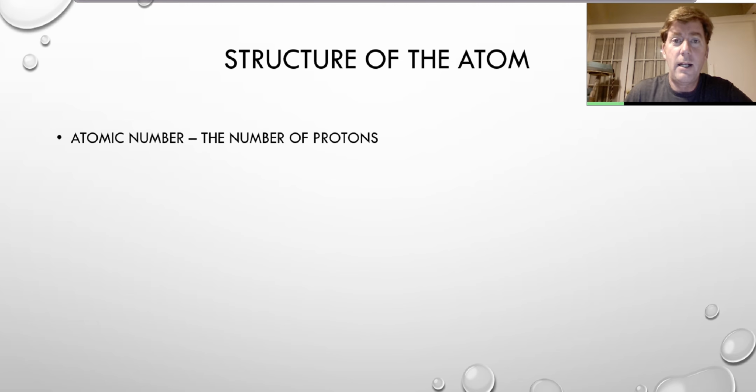Now, the thing I expect you to know is also why. Why are these protons so important that they get to be the one in charge of what element it is, right? We could change the electrons and change the neutrons, it wouldn't change what element it is. But if you change the protons, you change what it is.